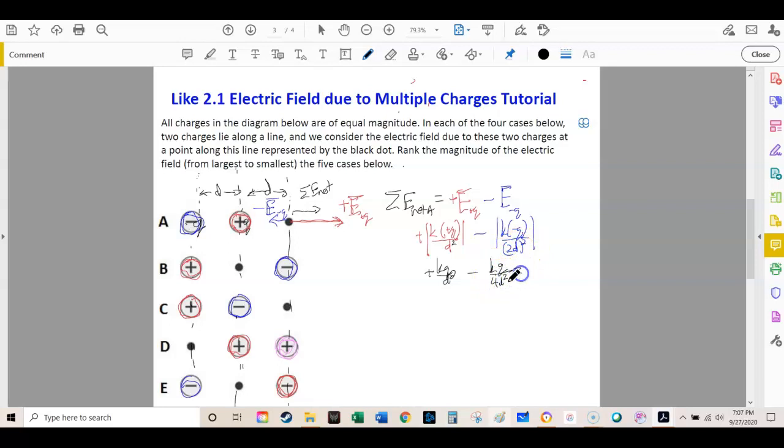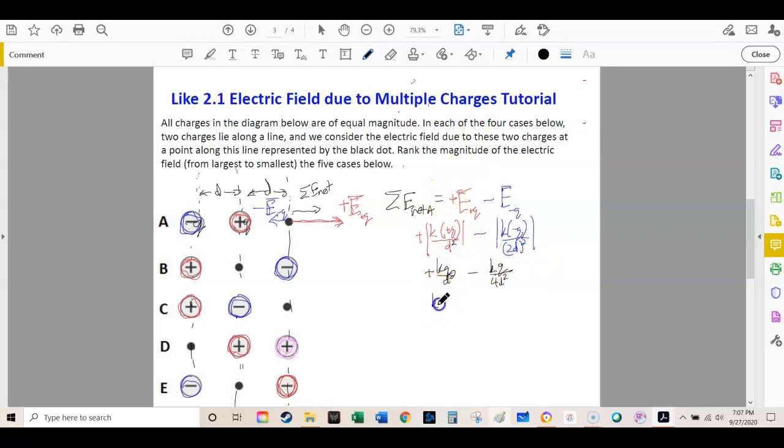And so what that will make is this net electric field going to be, if I factor out a kq over d squared, which I'll show you right now actually.